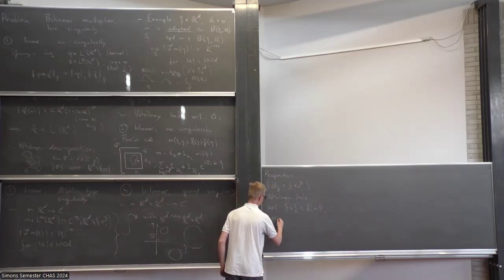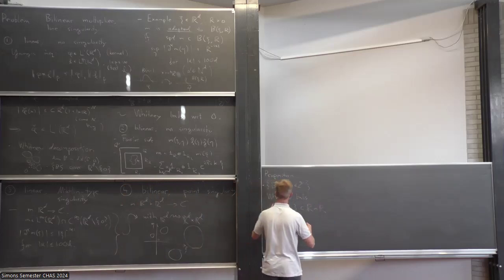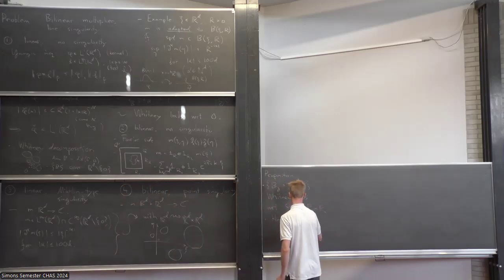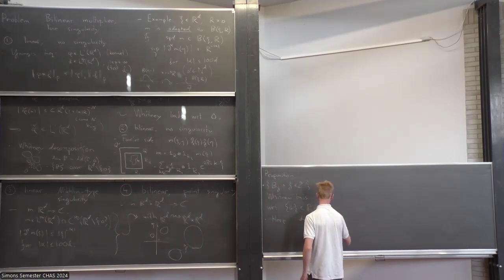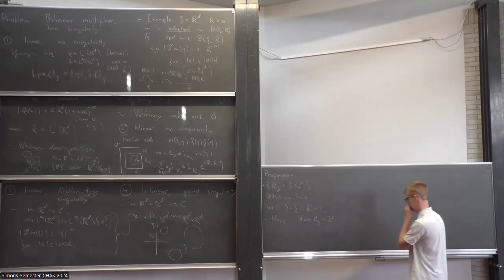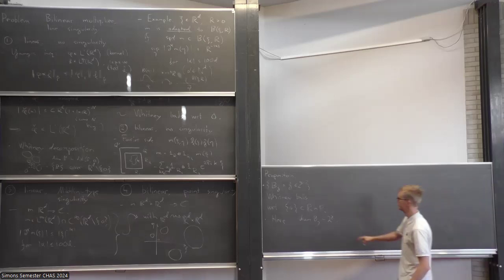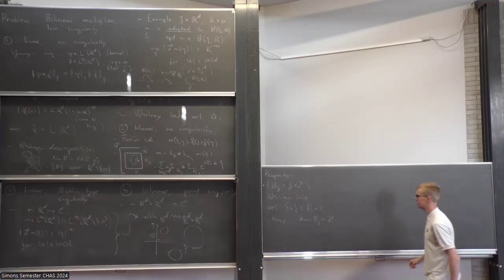And we want that if we take Bj, then the diameter of Bj is 2 to j. So just to connect j to something that makes sense.